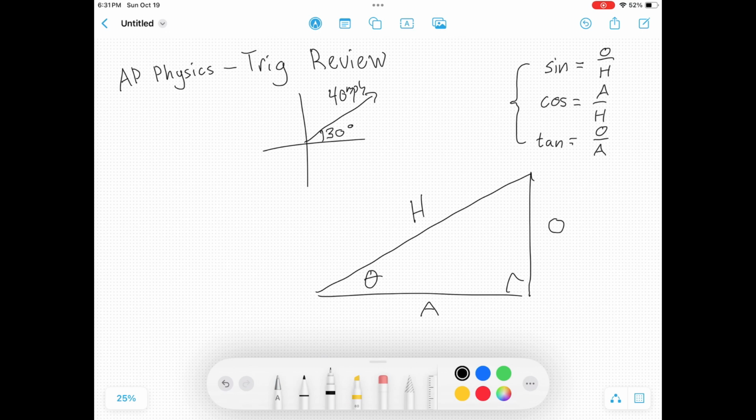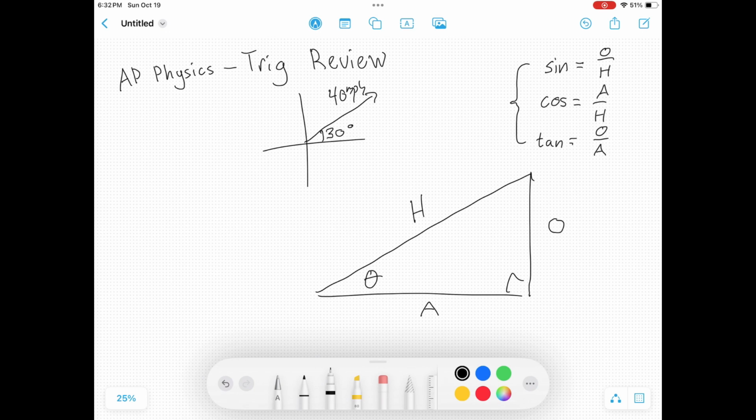And I asked you to find different components of this. Well, the way you would do that is by solving for your hypotenuse sides, your opposite sides, and your adjacent sides. In this case, because we know the length of the vector, we know the hypotenuse. The hypotenuse, in this case, is 40 miles per hour.